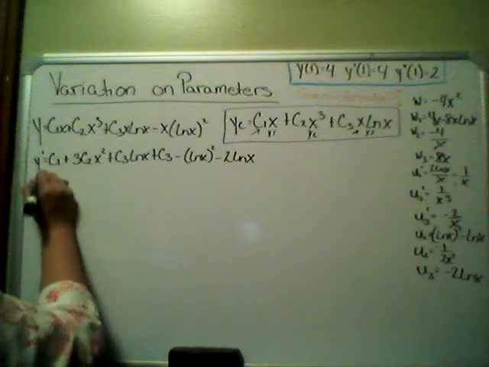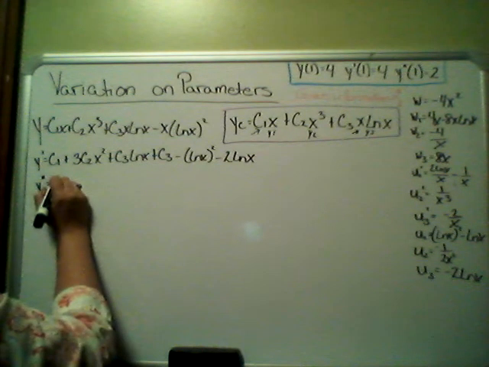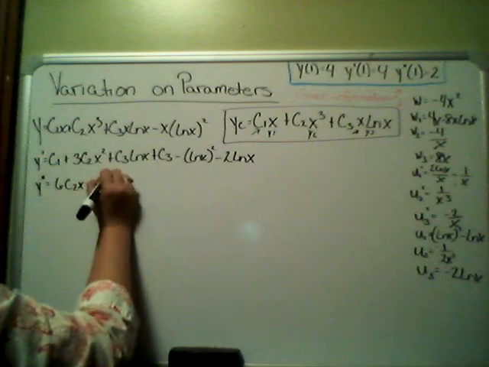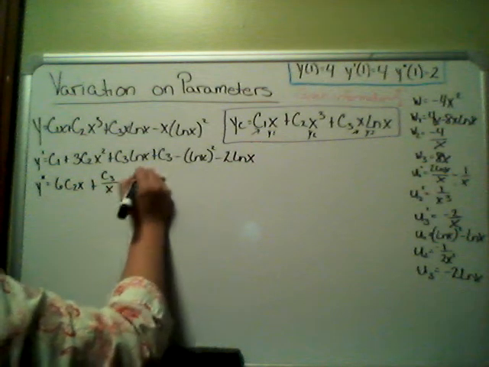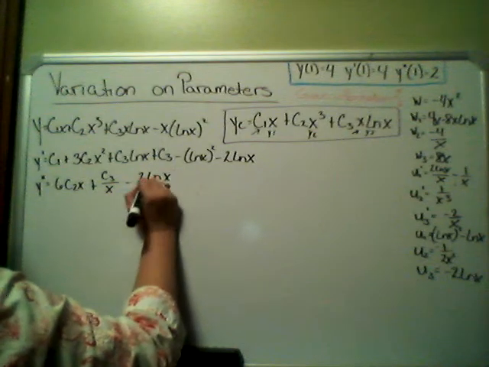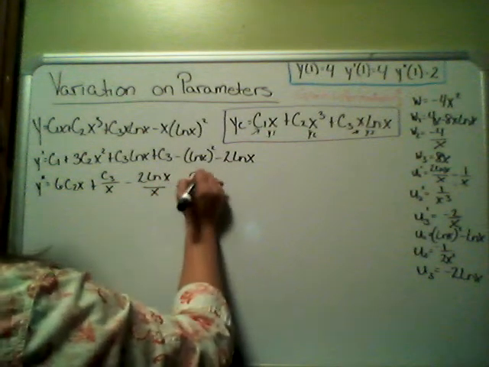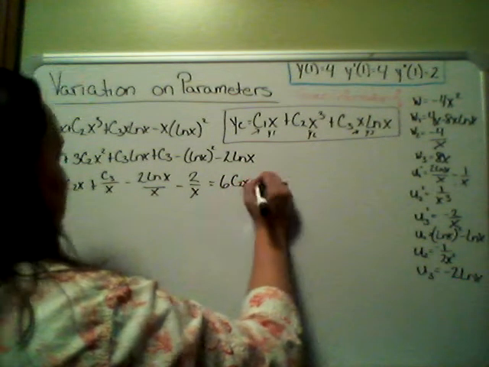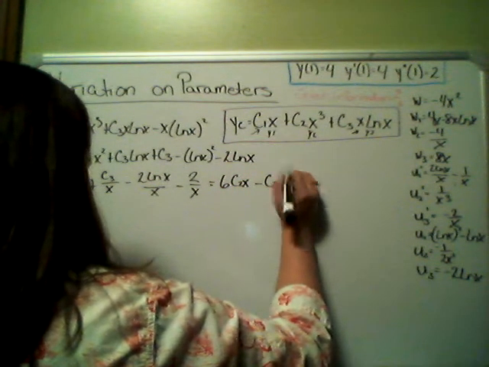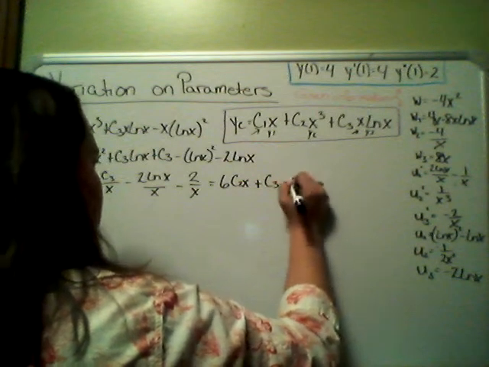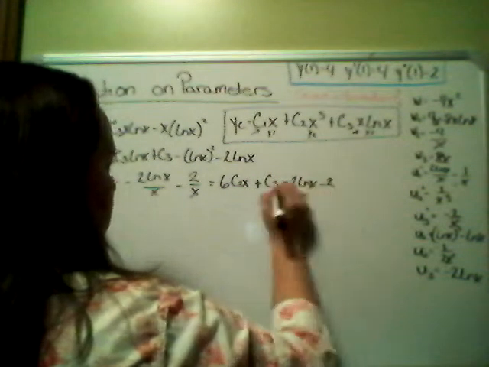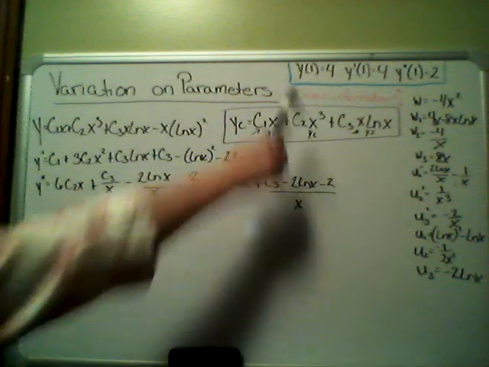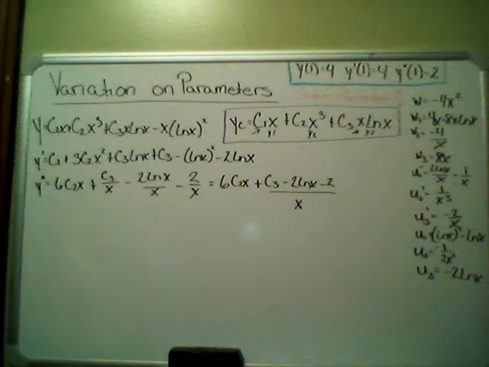And then our second derivative, y double prime, is going to be 6c2x plus c3 over x minus 2 ln x over x minus 2 over x, which can be written as 6c2x minus c3, plus c3 minus 2 ln x minus 2 over x.